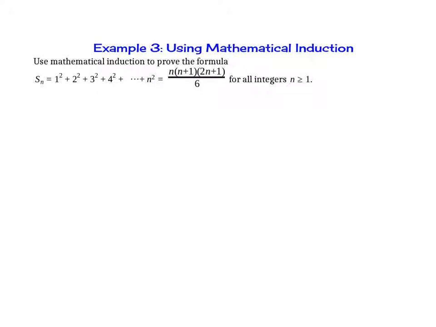So we do the same thing that we did previously. We first have to prove that when we plug in 1, so S sub 1, when n equals 1, the formula is valid.